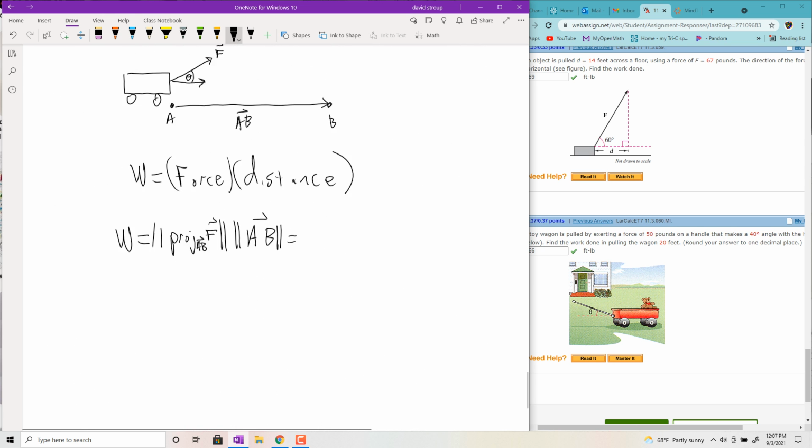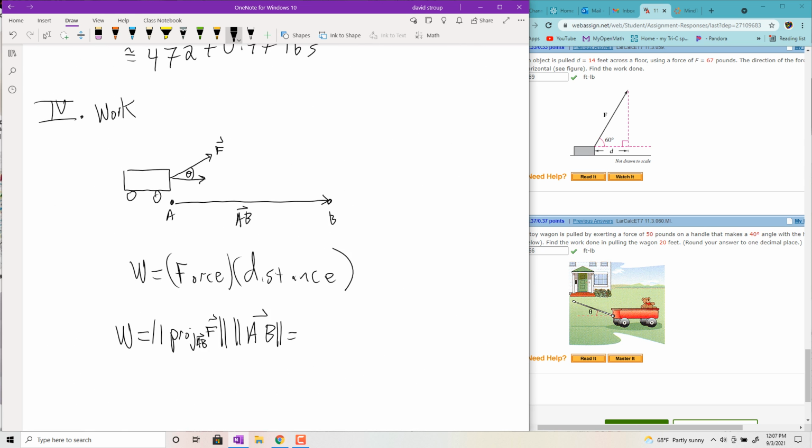It's u dot v over the magnitude of v, or in our case, F dot AB all over the magnitude of AB. If you multiply that by the magnitude of AB, the magnitudes cancel, and you see that work is really just the dot product of F dotted with the direction vector.